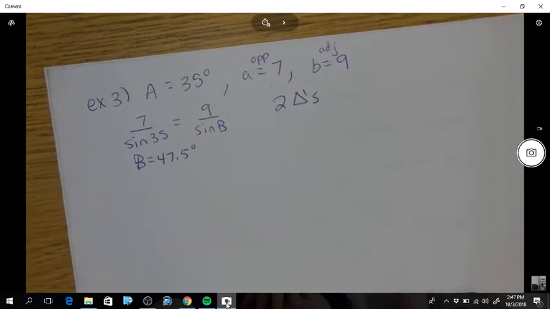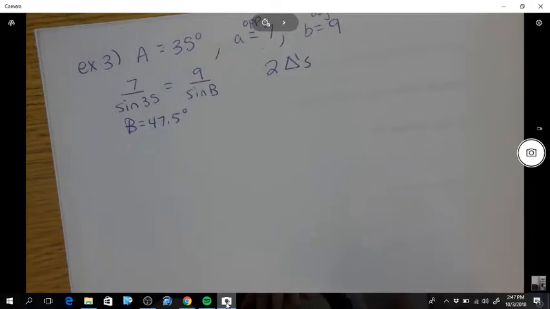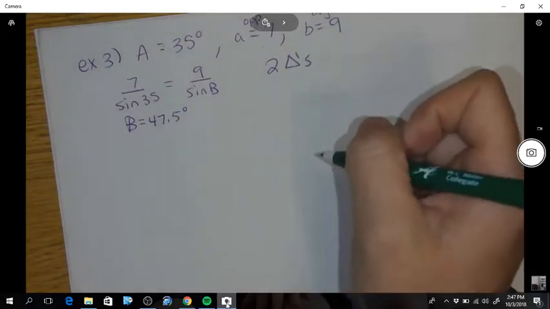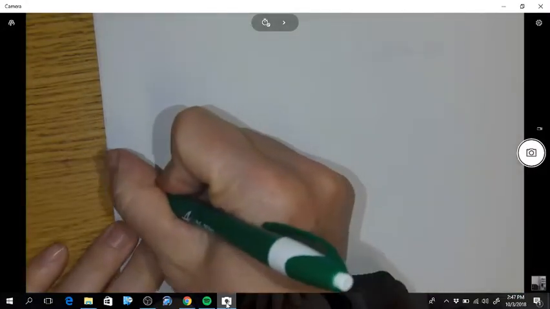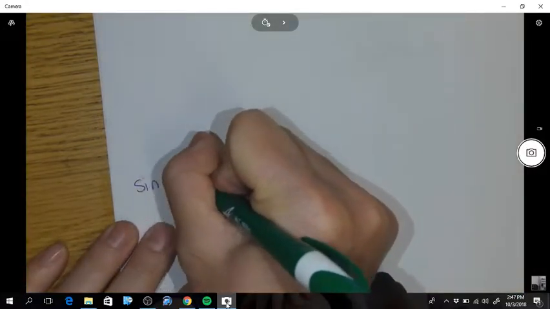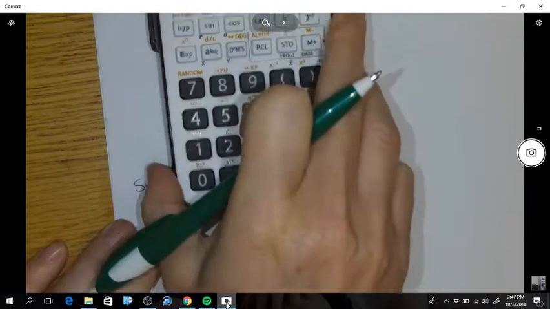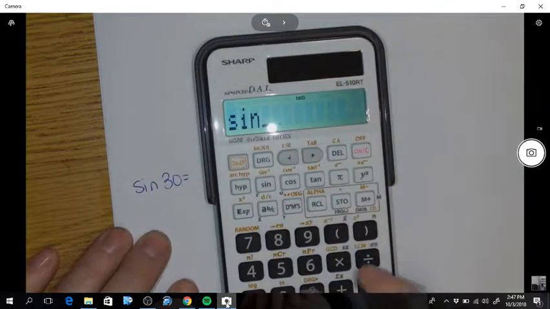We're going to do this whole scenario. First, I want you to take a side note over here. Go into your calculator. What is the sine of 30? 0.5.